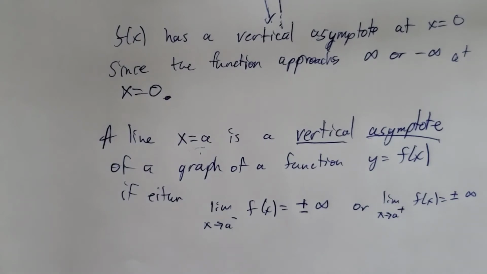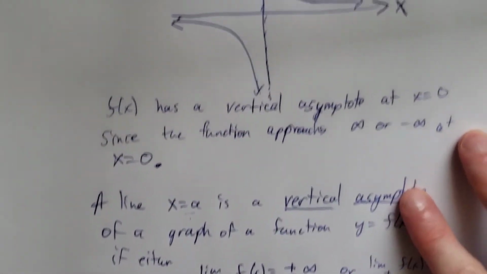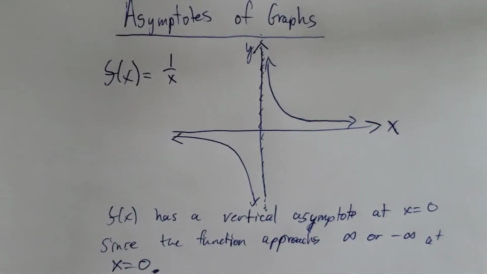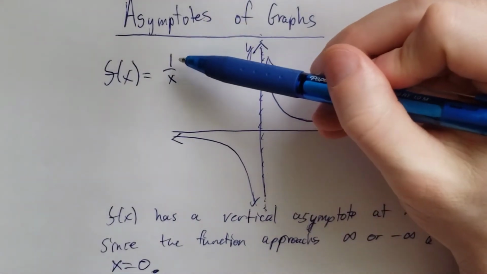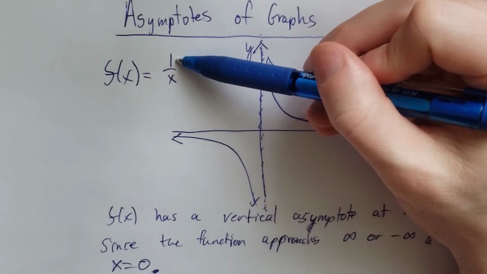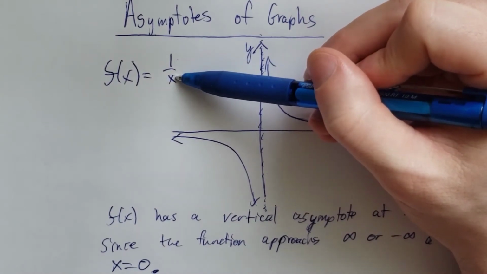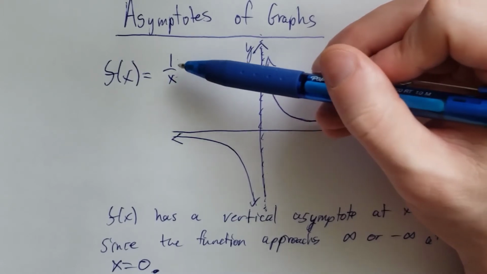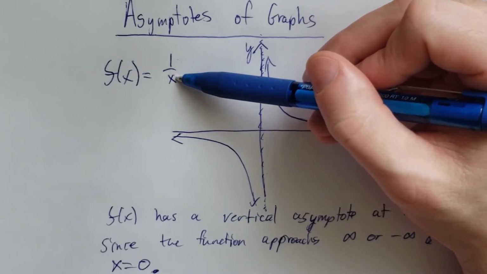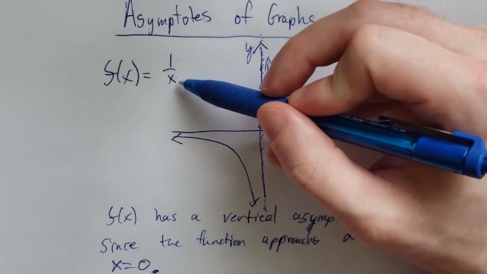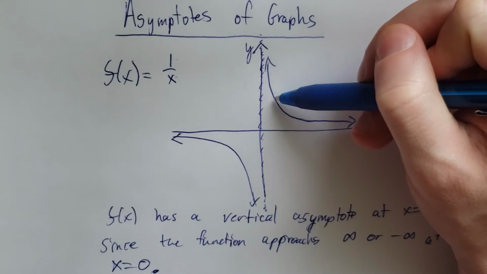Now, how do we actually solve this analytically, right? If we're looking at a graph, we can just tell from the picture what is going on here. But how do we determine analytically how to solve these? Well, notice what's actually happening here is we have something that is a constant divided by a value approaching 0. So we get 1 over something that approaches 0. That thing is positive if we approach 0 from the right.